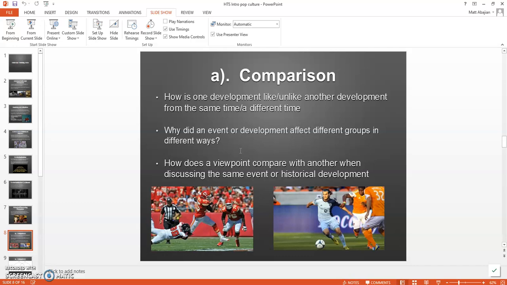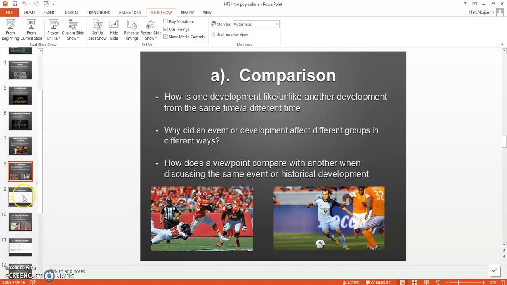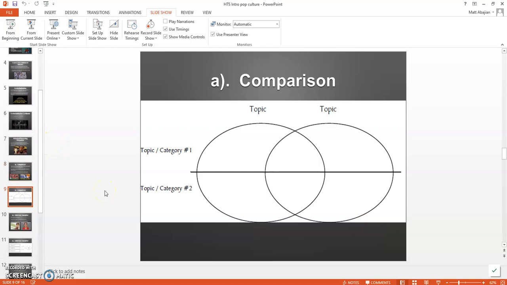For example, if we're using football, there's American football, and then there's football as we know it in the U.S. as soccer. What's similar? What's different? That's where I'm able to put things into a Venn diagram when it comes to comparison. This is one of the reasoning skills, one of the ways you're going to be setting up your essays, looking at what is similar and what is different.